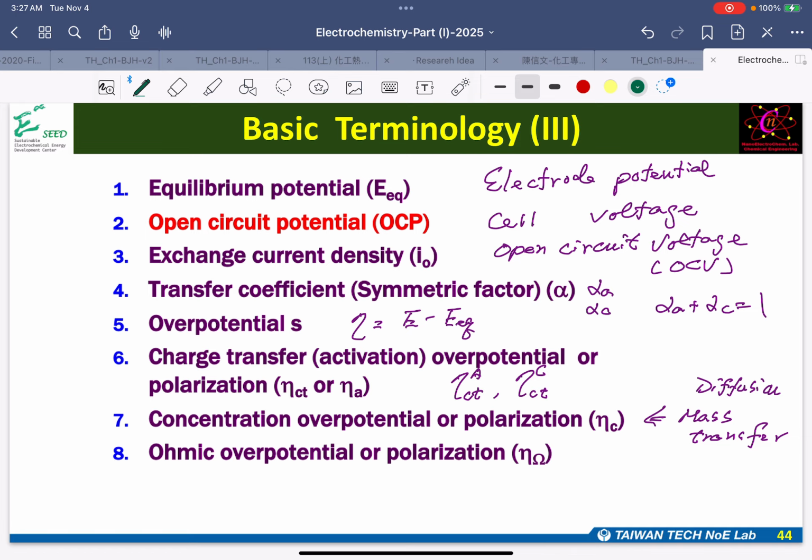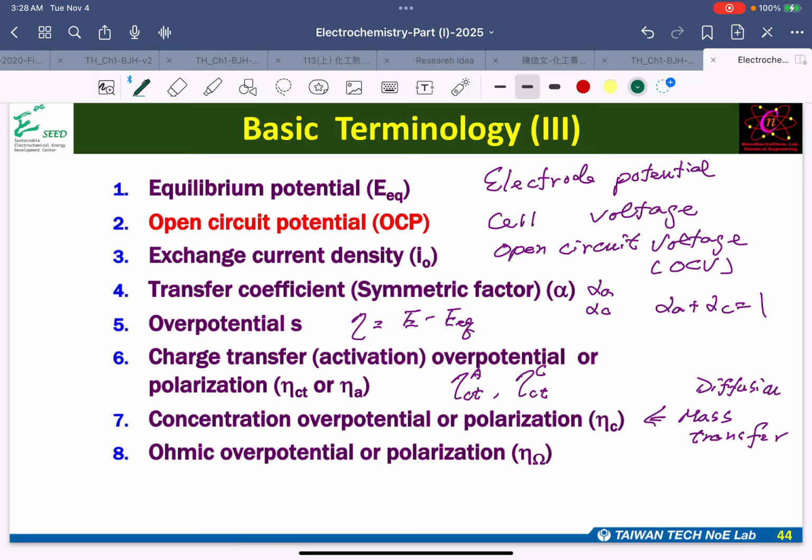So these are some basic terminology. Now we just mentioned equipotential and the open circuit potential. What is the difference? Open circuit potential only requires that the net current is zero.